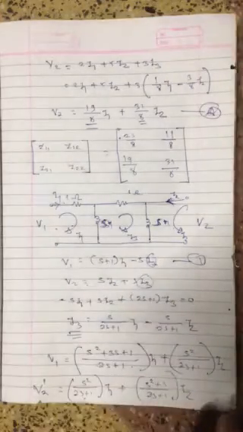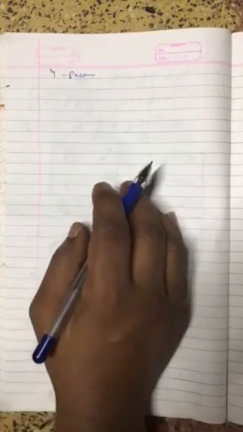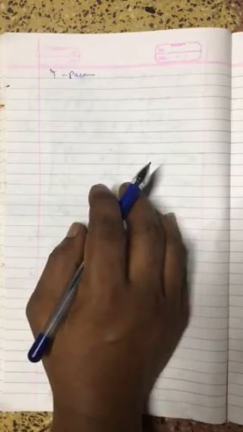Now let's see the Y parameter equations, which are also called short circuit parameters. As I said, for Y parameter always apply KCL.